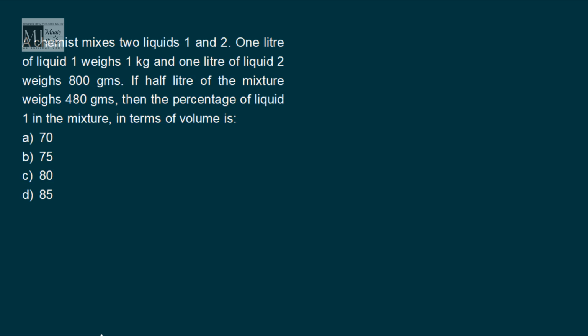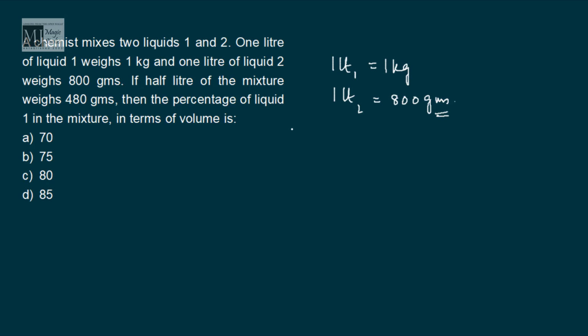Interesting sum in the sense that volume and mass both are involved in this particular mixture sum. A chemist mixes two liquids 1 and 2. 1 liter of liquid 1 weighs 1 kg, fine with this, and 1 liter of liquid 2 weighs only 800 grams.